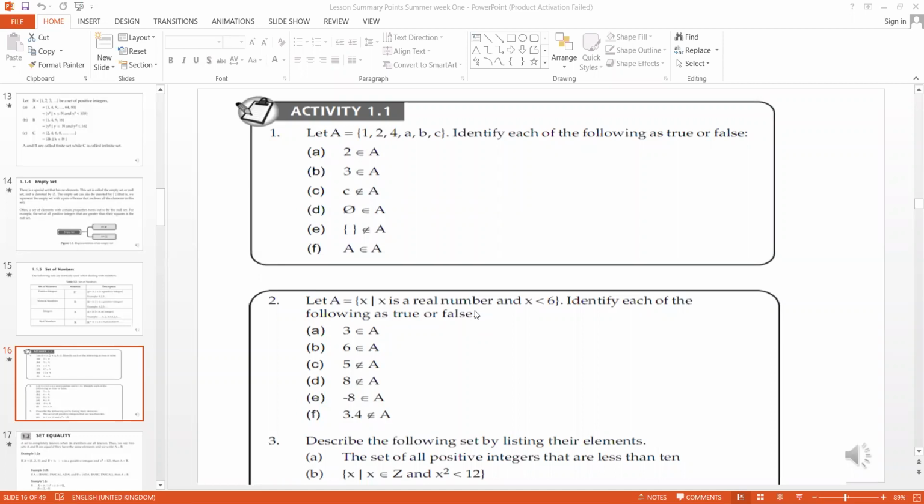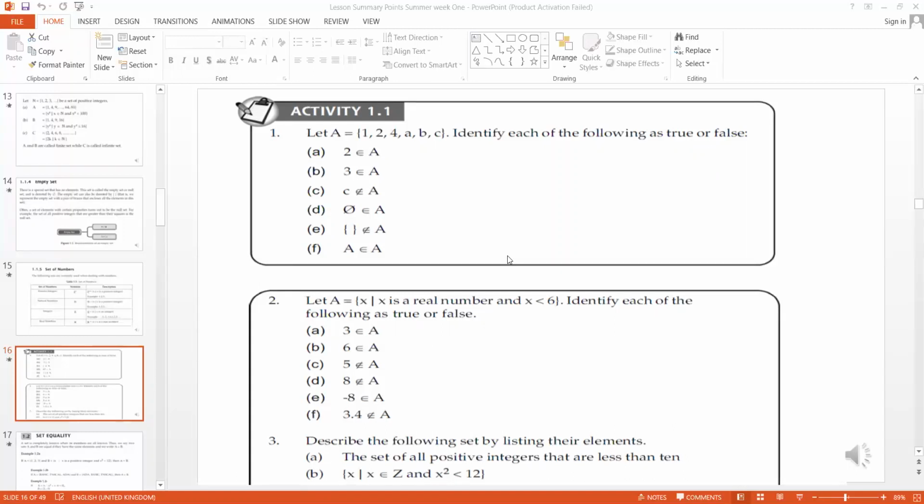No, real numbers are all whole numbers, rational numbers, and irrational numbers. Oh, okay, that's true. So -8 is a real number. It's true, sir. Yes, so the answer is true. Okay, good, Edna.